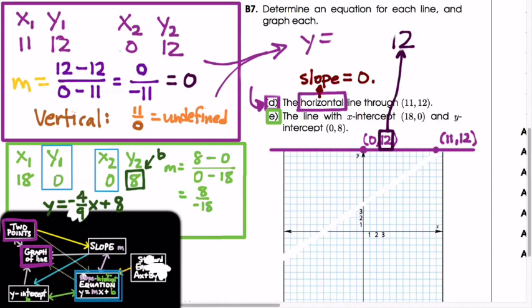No run, meaning that the 0 would be in the denominator, and so the slope would be undefined. So those are what we call the two corner cases, the two cases where the slope is something interesting and exceptional. If we get a slope of a line that's 0, that means that line is horizontal. If we get a slope that's undefined, it means that the line is vertical. And any other slope in between indicates a line which is neither all horizontal nor all vertical, but somewhere in between.